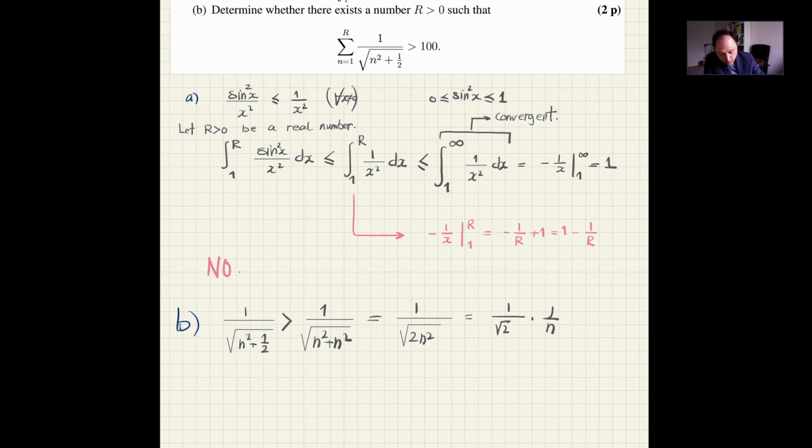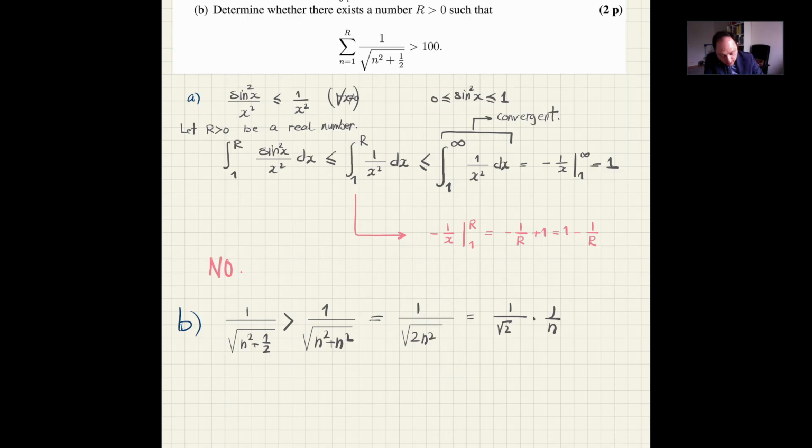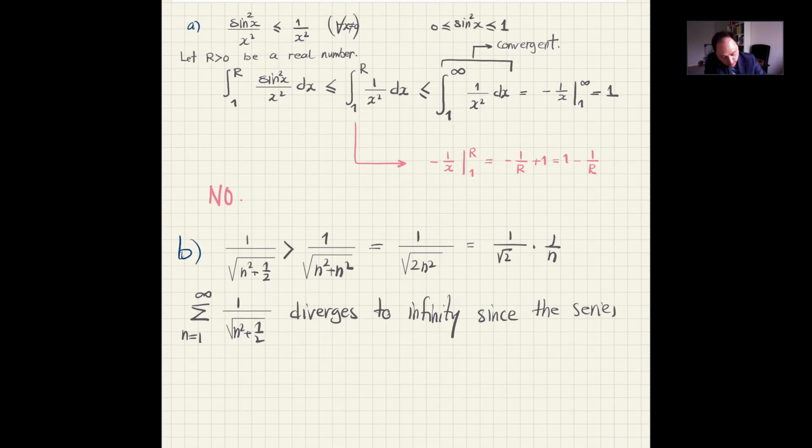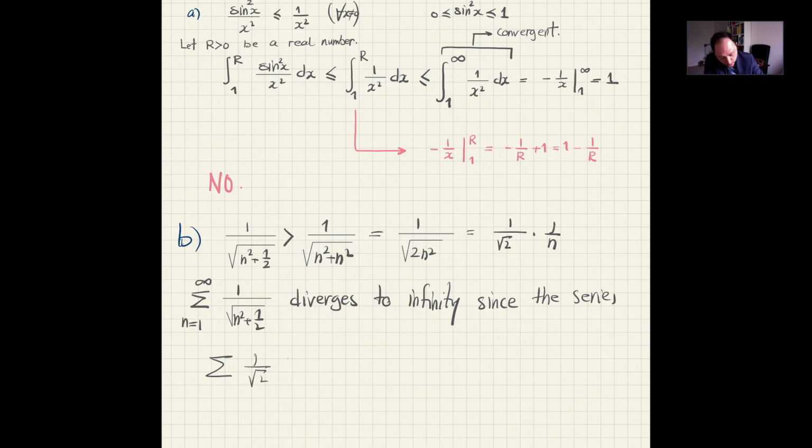Okay, so then what does it mean? It means that the sigma of 1 over square root of n squared plus 1/2, n goes from 1 to infinity, diverges to infinity, since the series sigma 1 over square root of 2 times 1 over n, n goes from 1 to infinity, diverges.